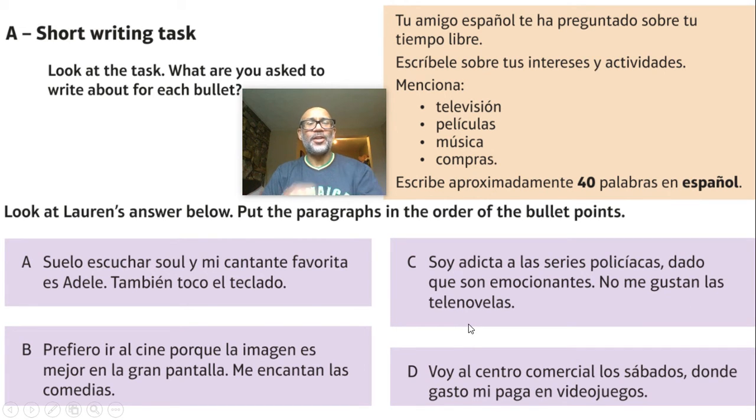Okay, let's look at the paragraph which responds to films, películas. Is this one here, B. So, prefiero ir al cine.